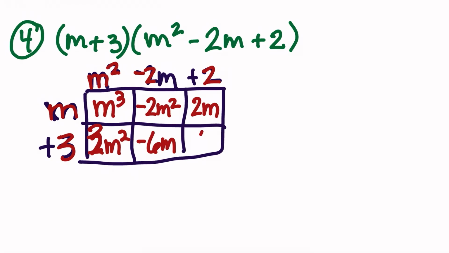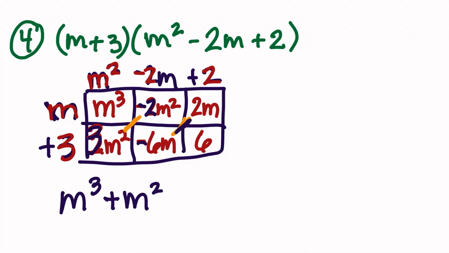And then 2 times 3 is 6. Then the like terms are these diagonals again. So our final answer is going to be m cubed, and then 3 minus 2 is just 1m, so plus m squared. And then negative 6 plus 2, so they're different signs, so we subtract, but there's more negatives, so it's negative 4m, and then plus 6.